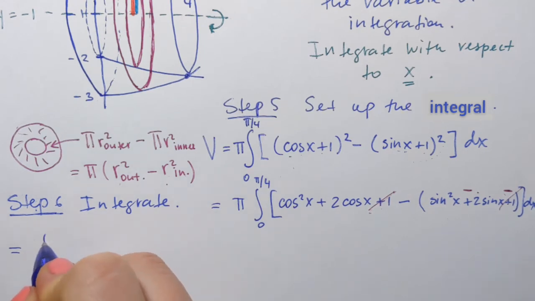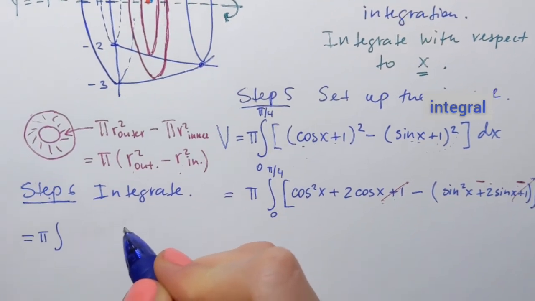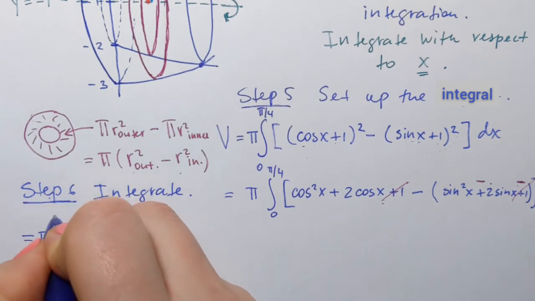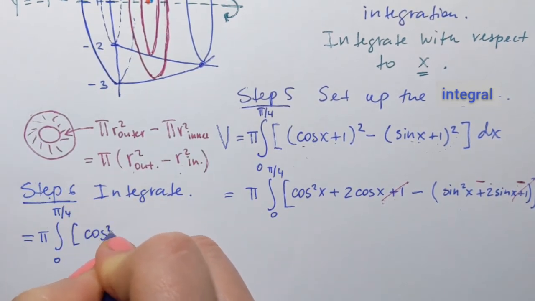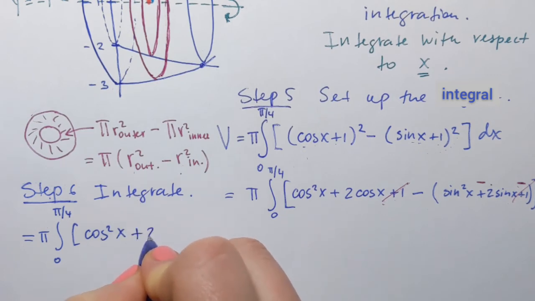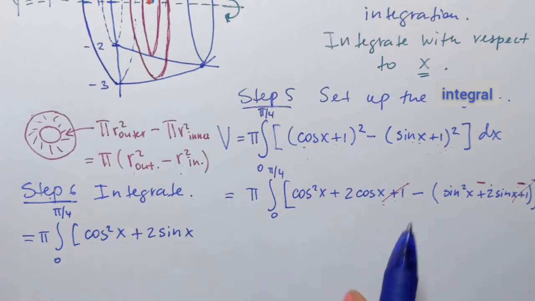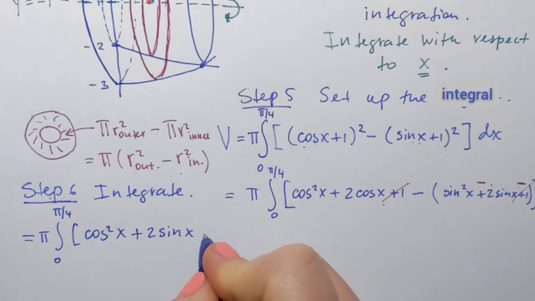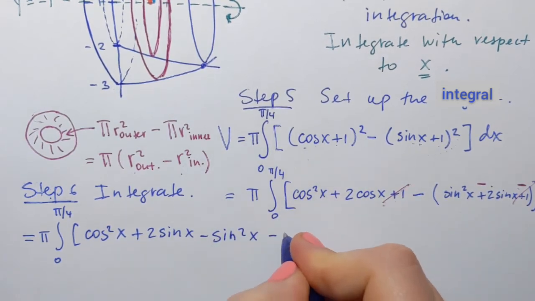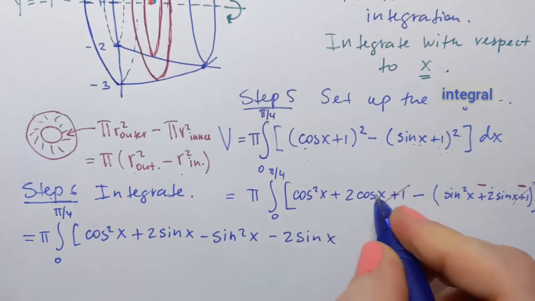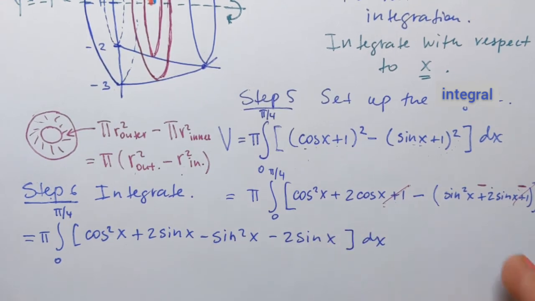So I'll have pi integral from 0 to pi over 4 cosine squared of x plus 2 sine x, now minus sine squared of x, and then minus 2 sine x dx.